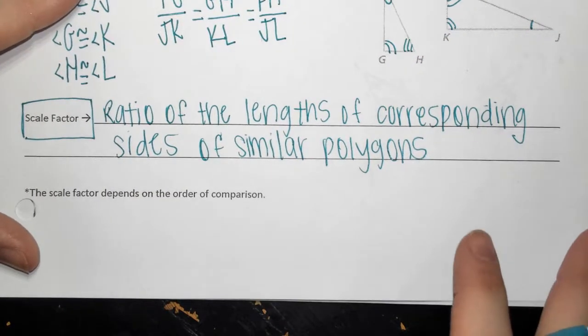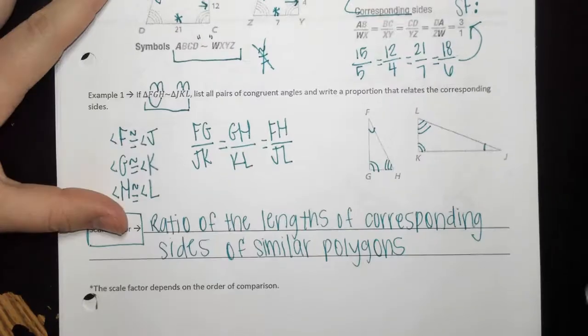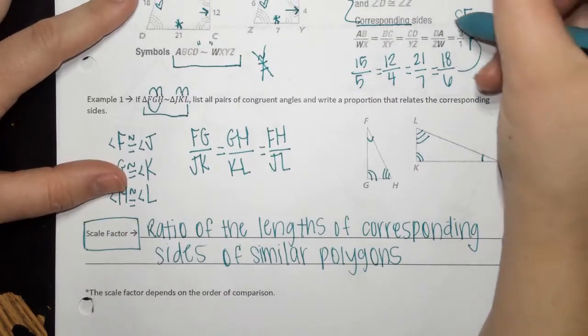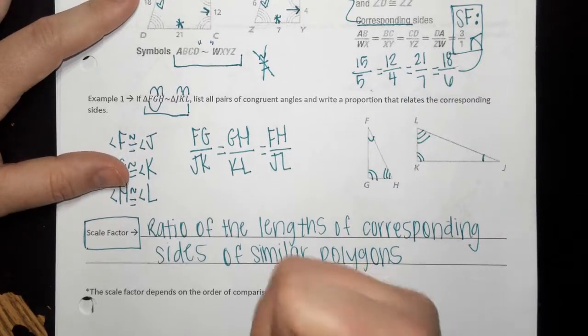Ratio of the lengths of corresponding sides of similar polygons, which is what we found up here in this example. This was the ratio of the lengths of corresponding sides.